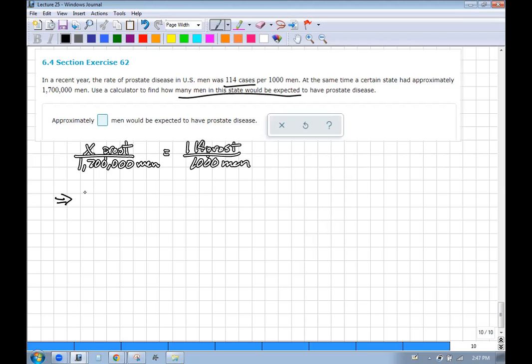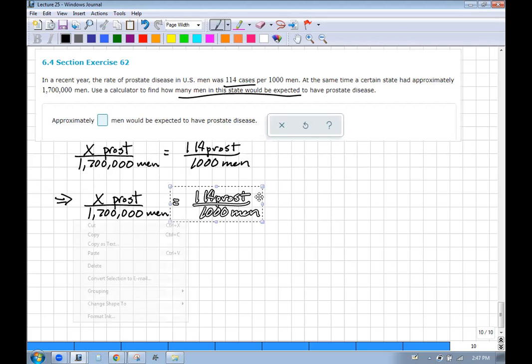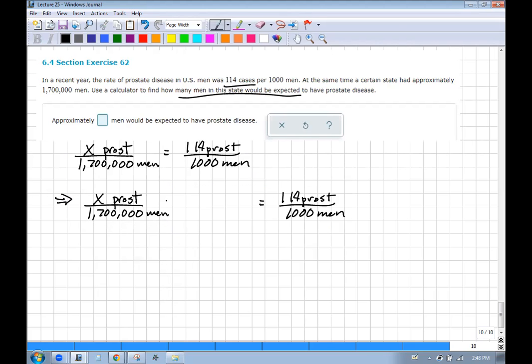So if we're solving for x, multiply both sides by 1.7 million men. That cancels that. The men cancel out. We're left with prostate.